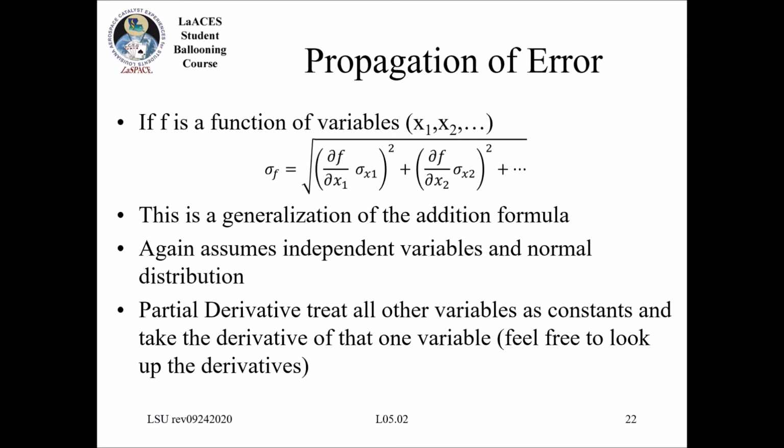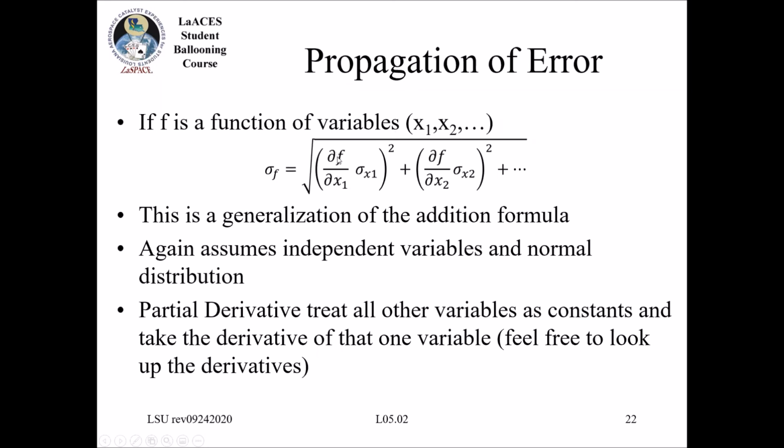What that lets you do is, if I have some function or some value that's calculated from a whole bunch of other things, say, for example, the volume of a box, you can calculate what the error is in that final calculated value from the errors of all the things that go into calculating it. So the error in the final thing is you just add in quadrature what's called the partial derivative.